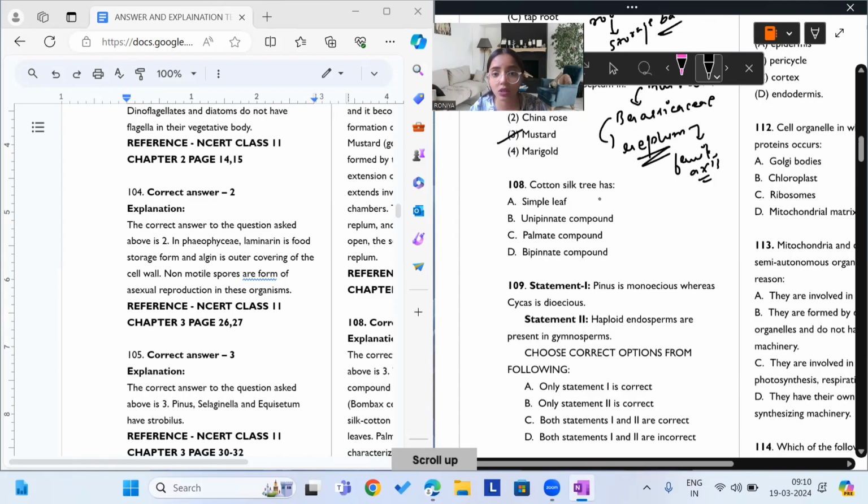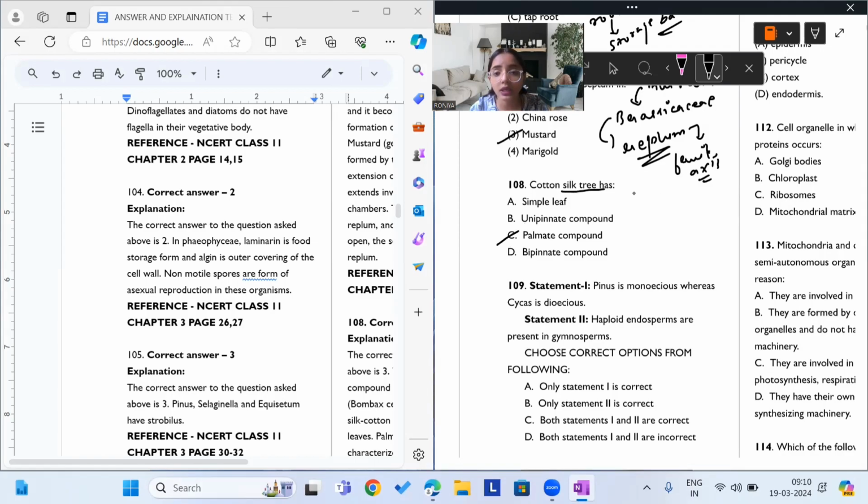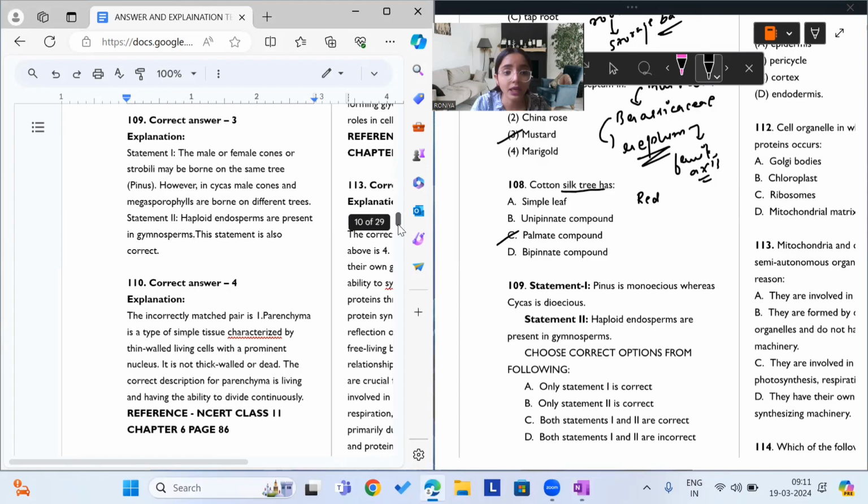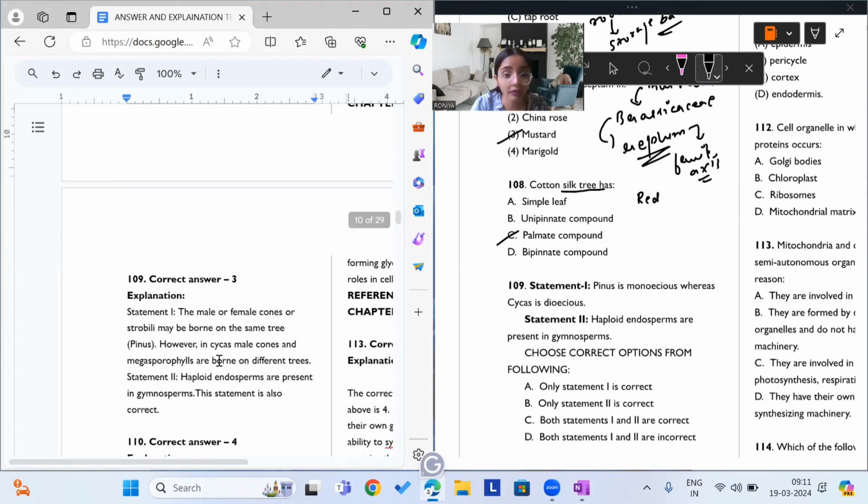Now let us see question 108. Cotton silk tree, otherwise red cotton silk tree, has palmately compound leaves. What does palmately compound leaves signify?